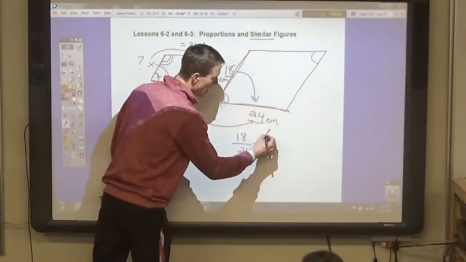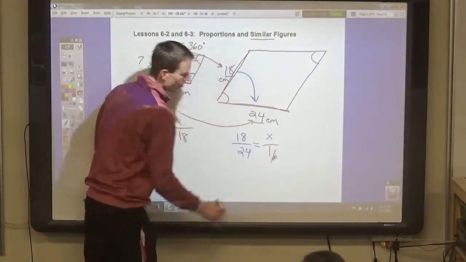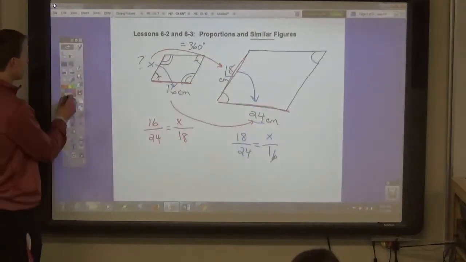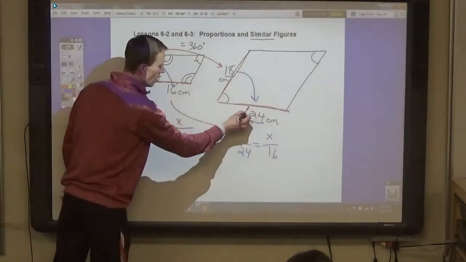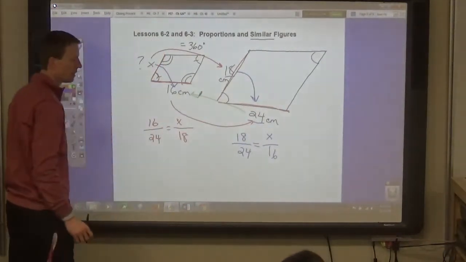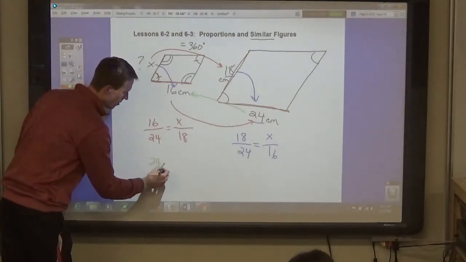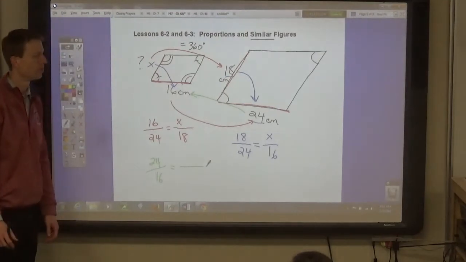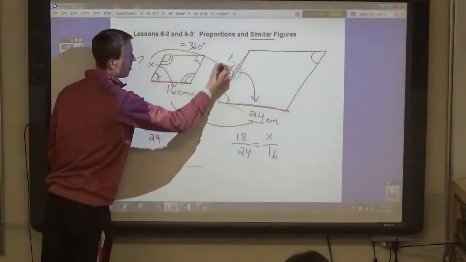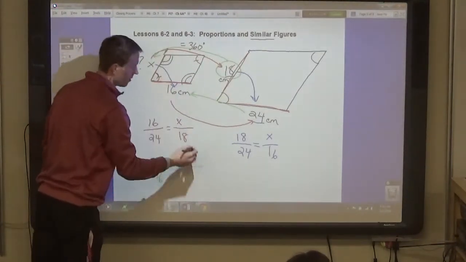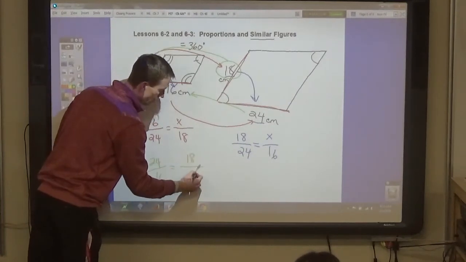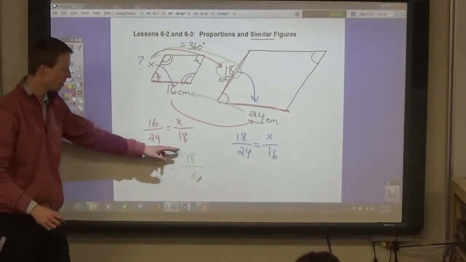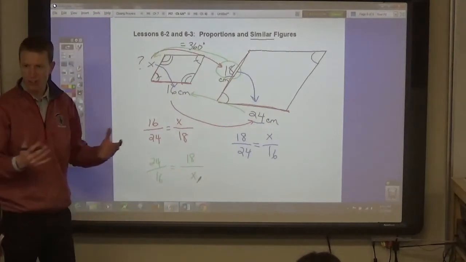See, it's the same direction. What if we wrote it this way? 24 is to 16. What would we write for the other ratio? 18 over x. As long as we write that in a certain order, we can solve it and find x.